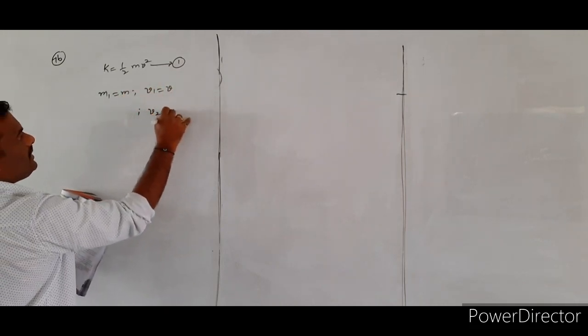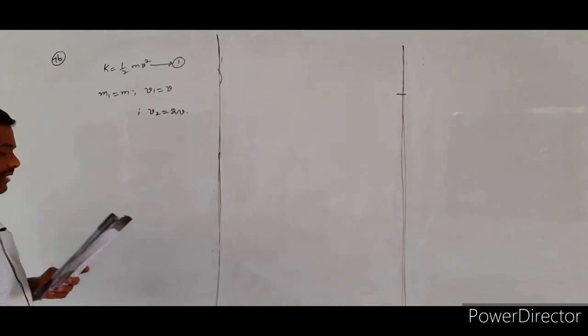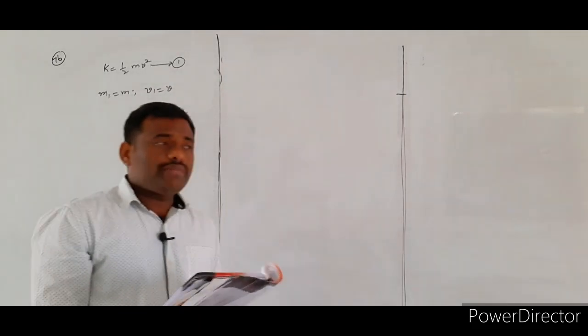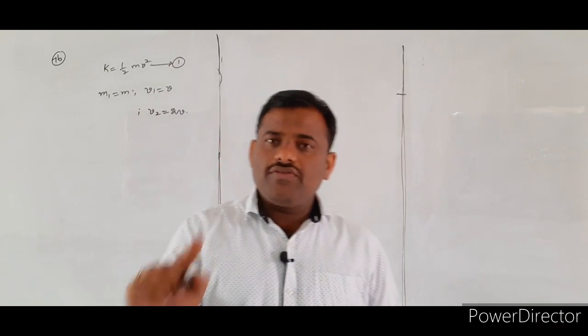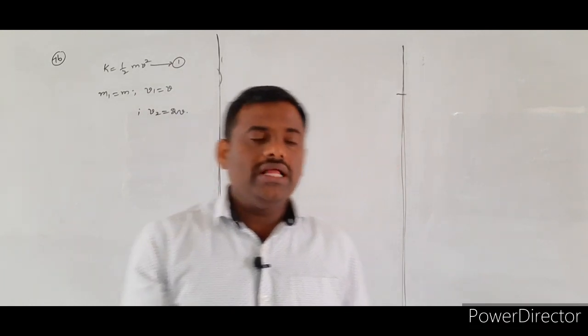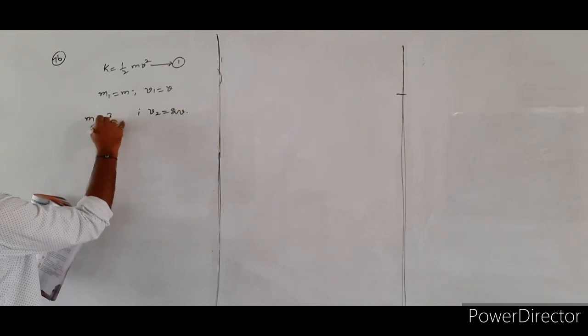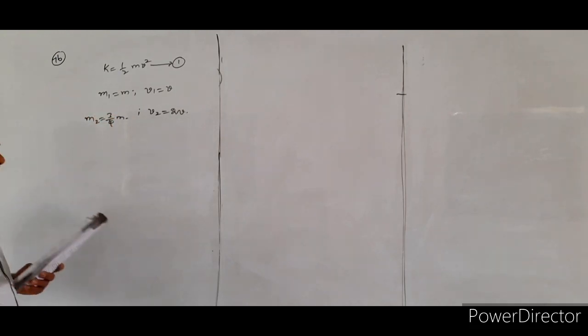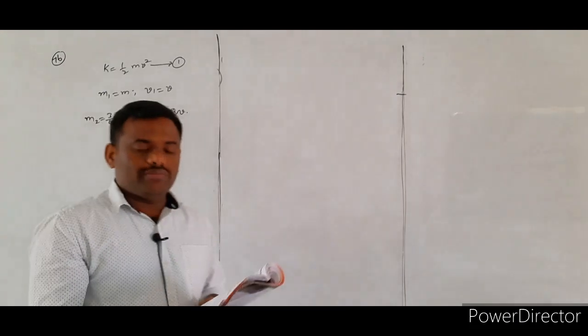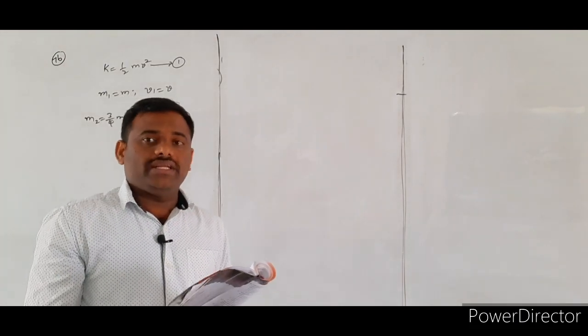They mentioned the velocity will be doubled, and 1/4 of the mass will be removed. If 1/4 of the mass is removed, the mass present will be 3/4 of the total mass. Then they are asking the new kinetic energy.